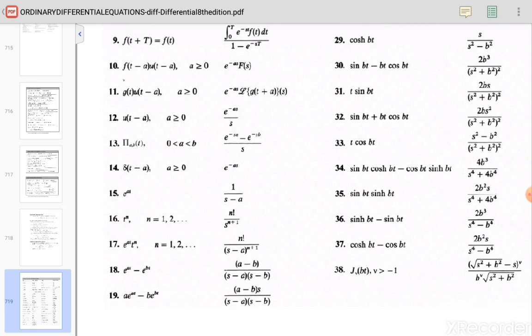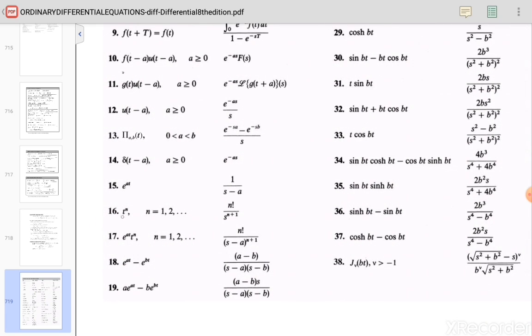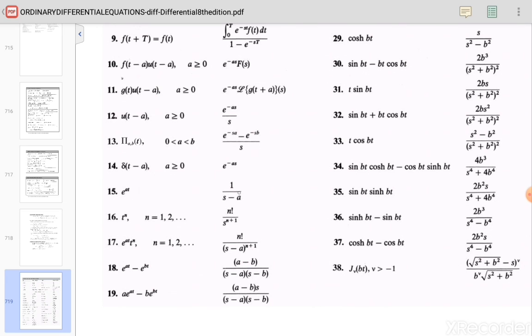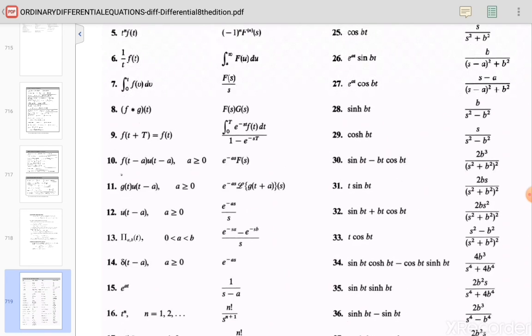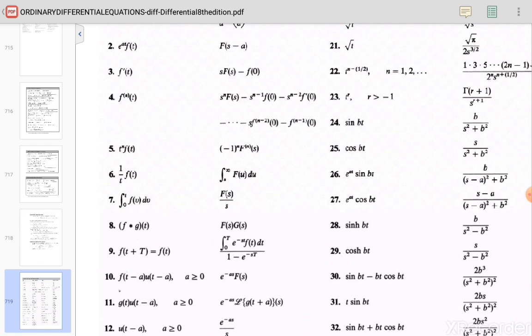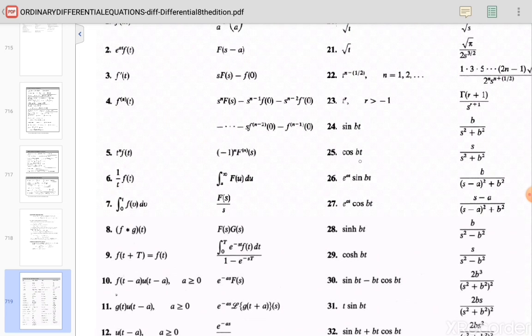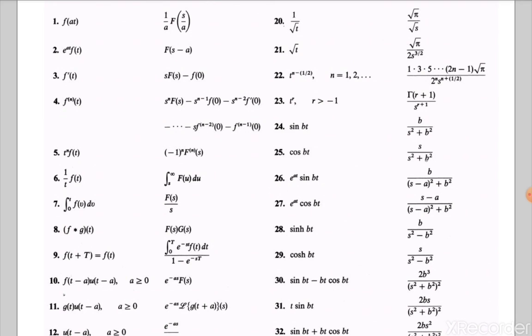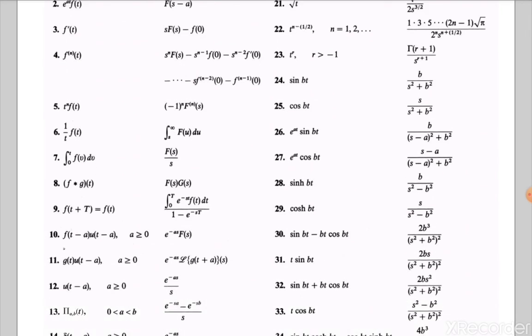And for example, here you can find Laplace transform of t to the n. So this is the function, this is its Laplace transform. This is a function here, e to the at, this is its Laplace transform, and so on. So the second column, if you, let's say, need Laplace transform of cosine, you find cosine, and the Laplace transform is here. And also you can find some important properties in this table.